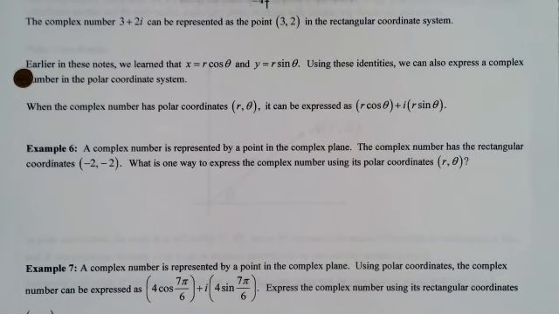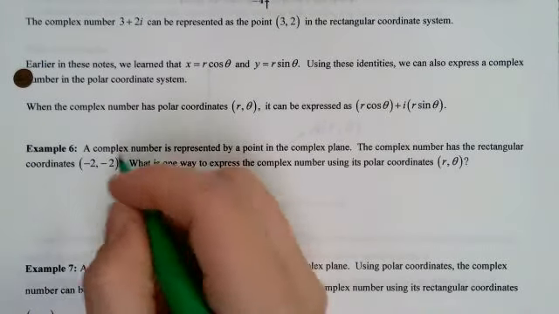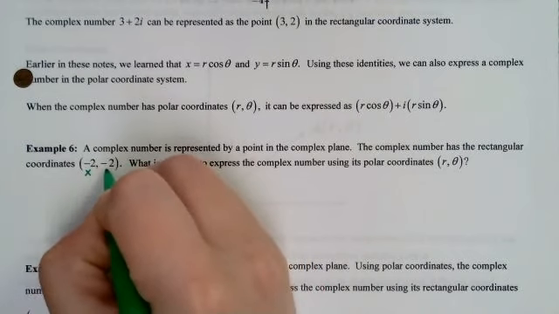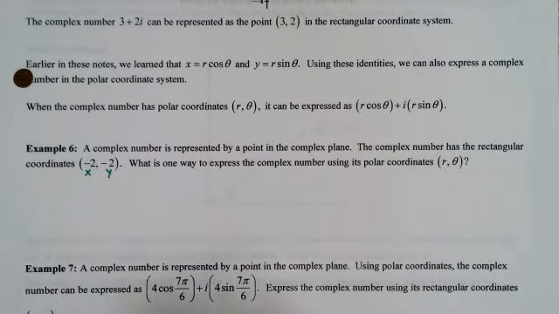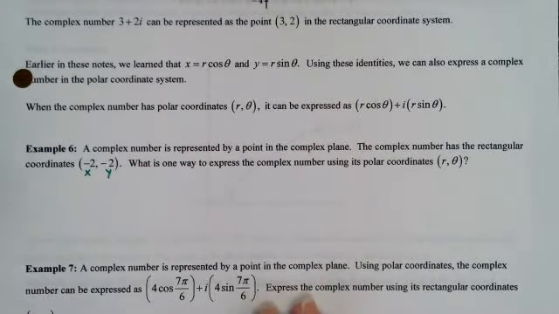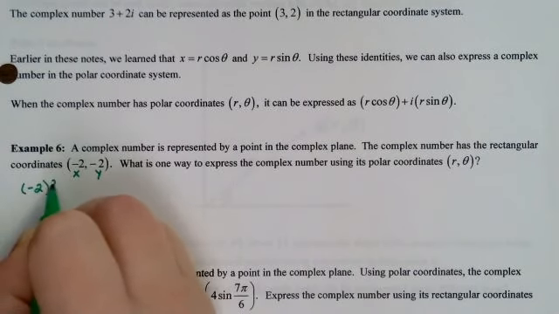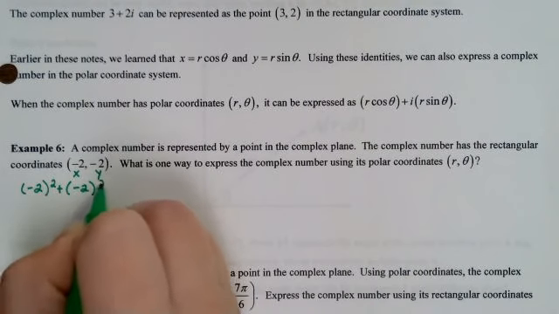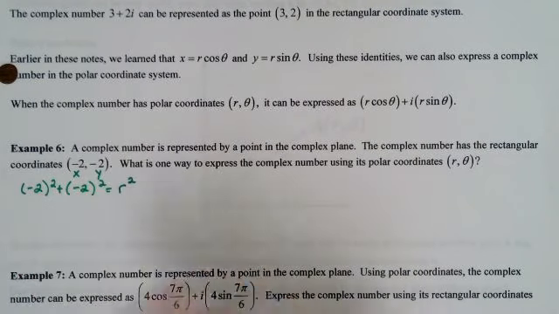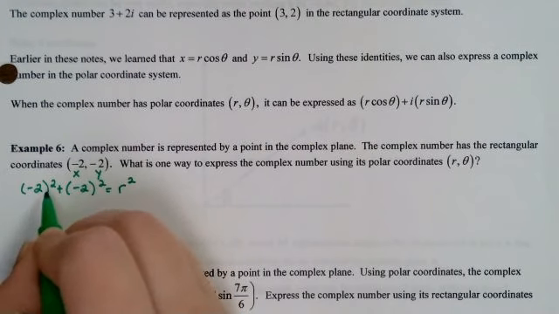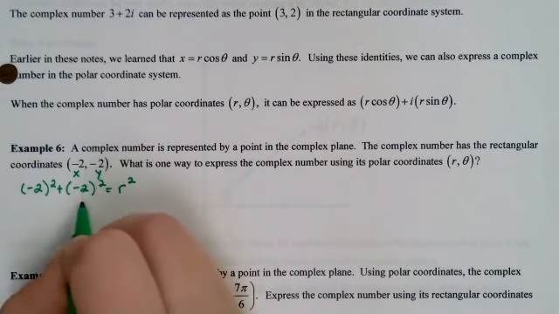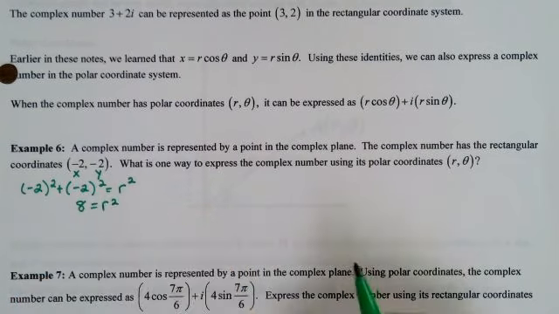All right. First things first, we're going to have to figure out what the polar coordinates are in order to go through it the way that they want. So remember the way that we can do that. This acts as the x and the y, and I can do the Pythagorean theorem to get r. If you don't know what I'm talking about, go back and watch the last video, okay? But with the Pythagorean theorem, we would be doing -2 squared plus -2 squared equals r squared. -2 squared is 4, plus 4, we get 8, equals r squared.